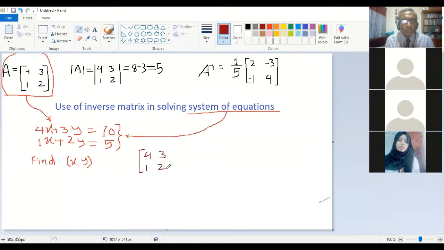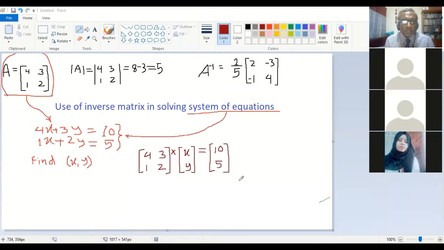I multiply this matrix by another matrix [x; y], which is a column matrix, only one column, two rows. Then an equal sign, and on the right side I write the result matrix, which is [10; 5], also a column matrix, two rows, one column.